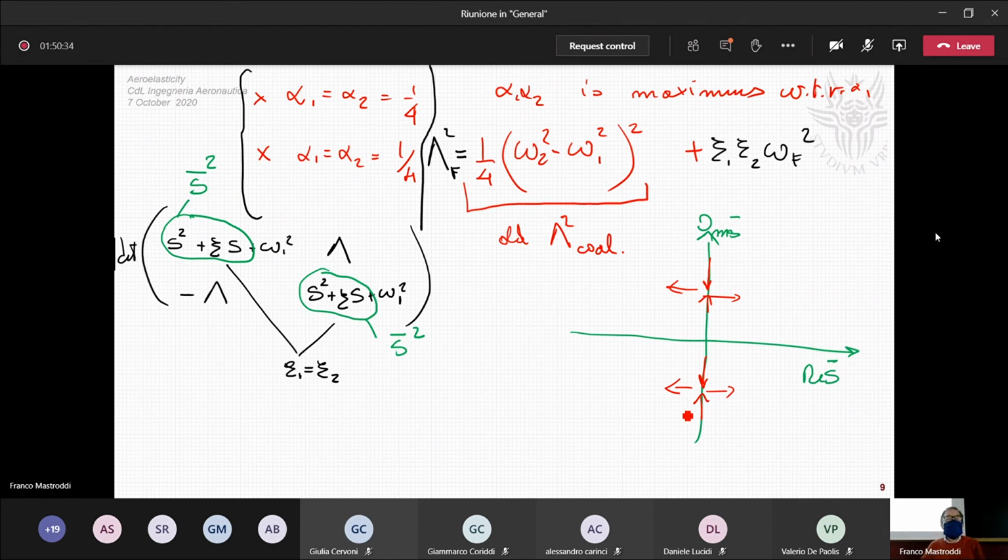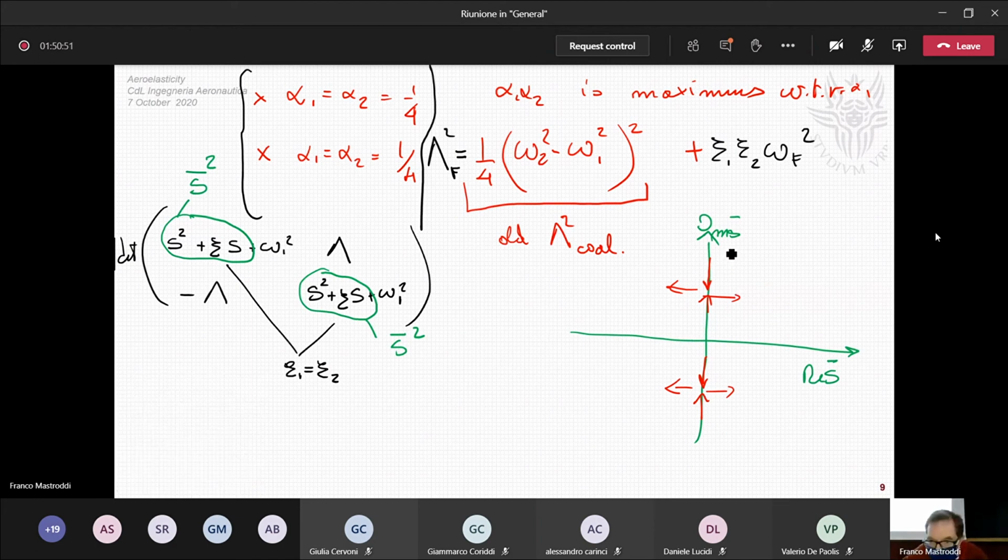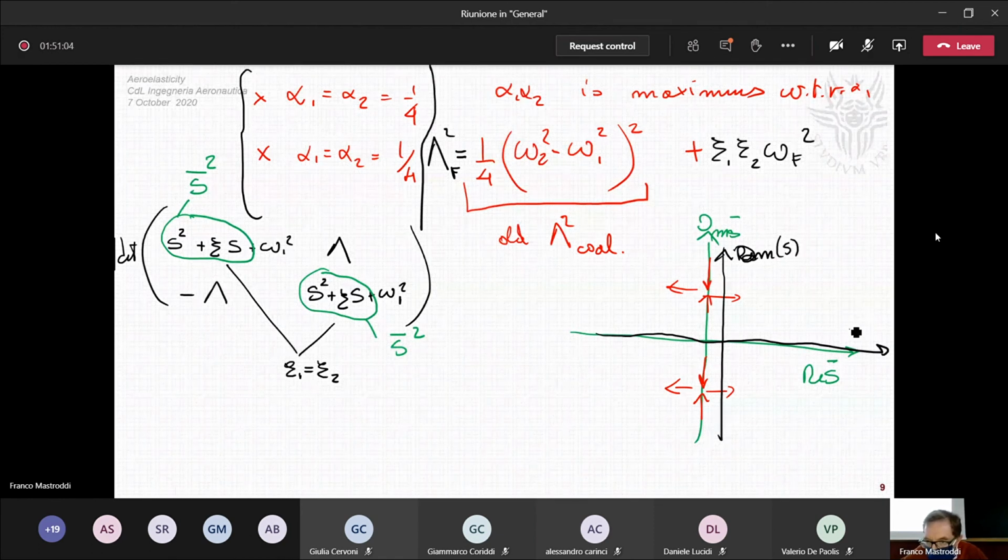If you apply this change of variable, you have just a shift of this plane, and the shift is moving this axis into this axis, which is the actual axis of your discussion, the s-axis, imaginary s and real s.